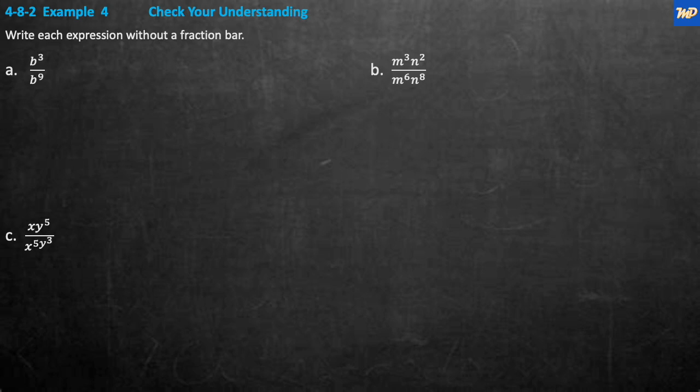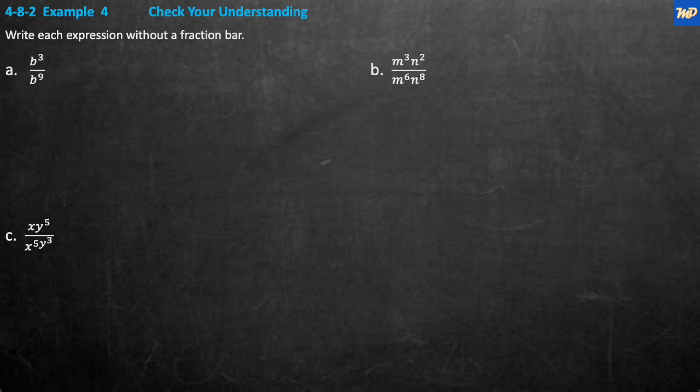And now in example 4, for check your understanding, we're going to write each expression without a fraction bar. So they don't want us to put it in the form where there are no negatives. If when we get done there's a negative in the numerator or denominator, we're going to leave it there. There will not be a fraction bar, so actually there won't be a denominator. There'll only be a numerator, so to speak. So let's try this.